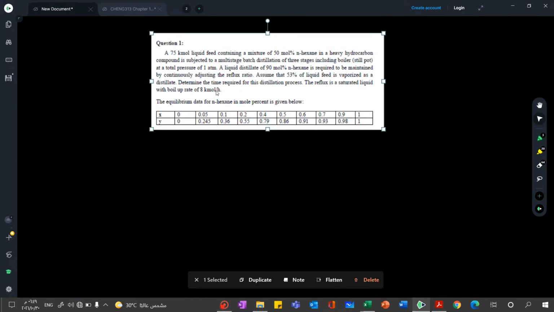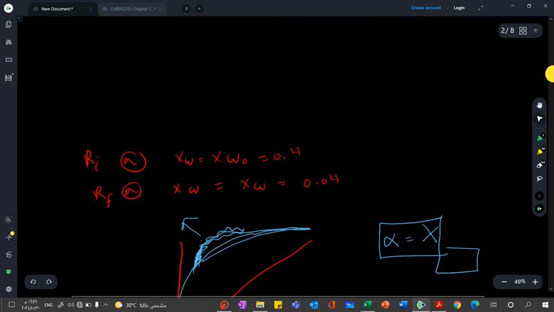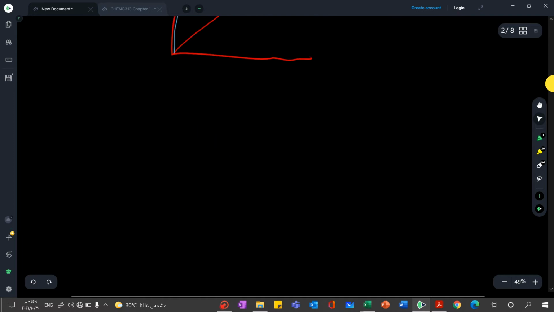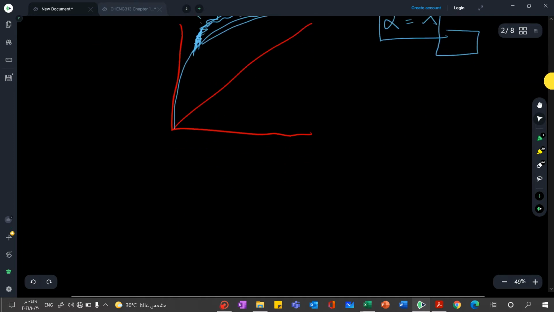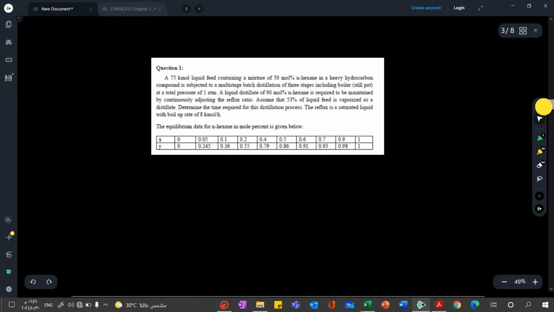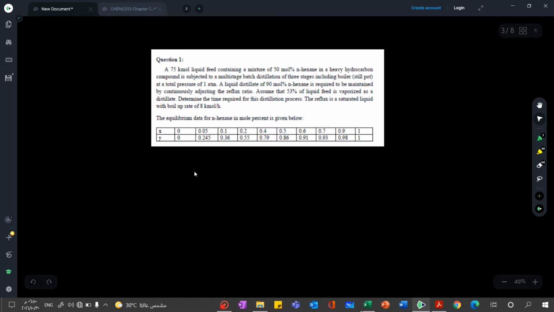If you remember what I said, it's like this shape. It will not give you a good relative volatility when you use Solver, so you must use this technique, or otherwise you must use your hand.